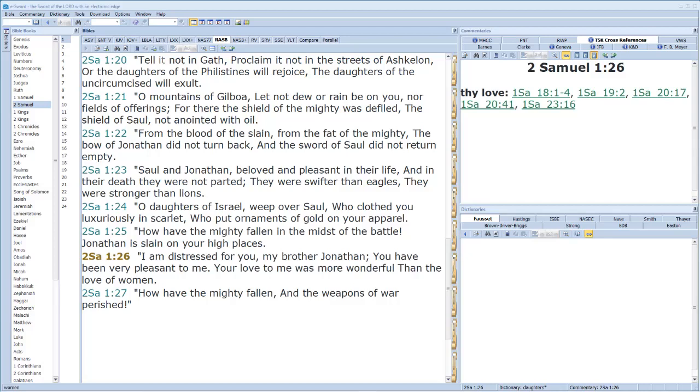And one can certainly be more wonderful than the other if one's more pleasant than the other. And that's what he's talking about here. It's just an expression that indicates that David is going to miss his brother, his friend Jonathan, and that's why he calls him my brother Jonathan. They were like brothers, and so he says your love to me was more wonderful than the love of women.